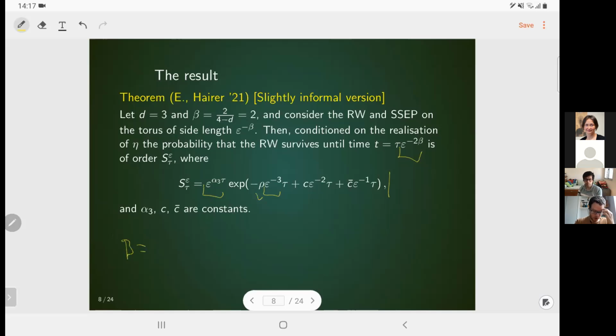For d equal to 1, this is 2/3. For d equal to 2, it is simply 1. For d equal to 3, it's 2. And if d is 4, well, then you divide by 0, so it's infinity.